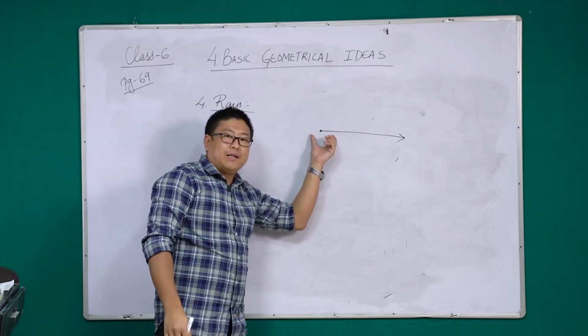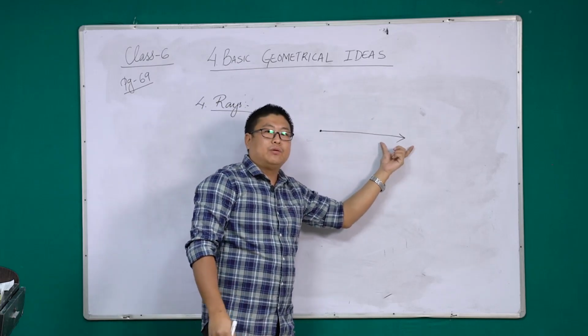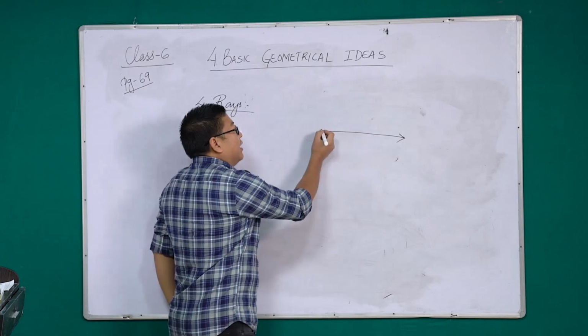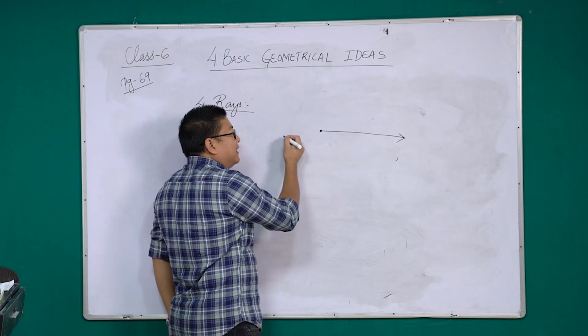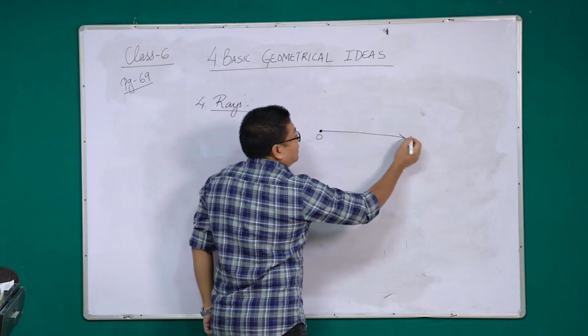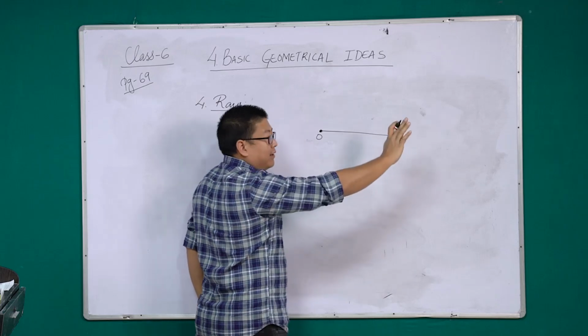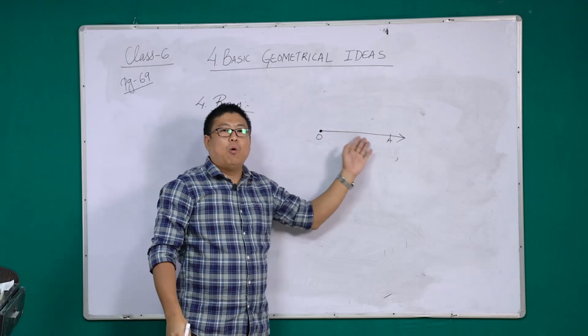So half of it is related to line segment, half of it is related to lines. There is a starting point, beyond which it would not exceed. Let's say this is O, and there is no end here. But we can simply mark it so that we can name this as ray OA.